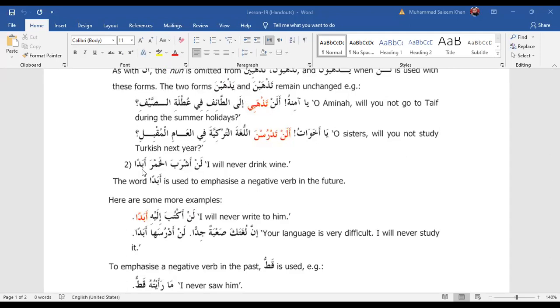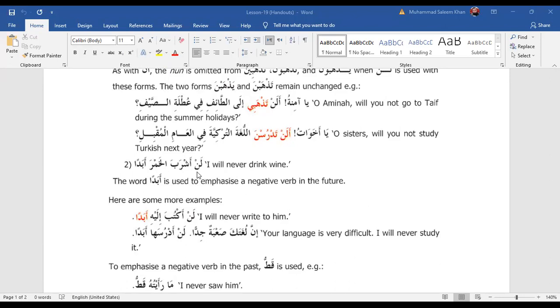Is it khamra or khamara? This is khamra. Khamran is used for wine. So I will never drink wine. That means it's something that I will never do in my life. The word abadan is used to emphasize a negative verb in the future.